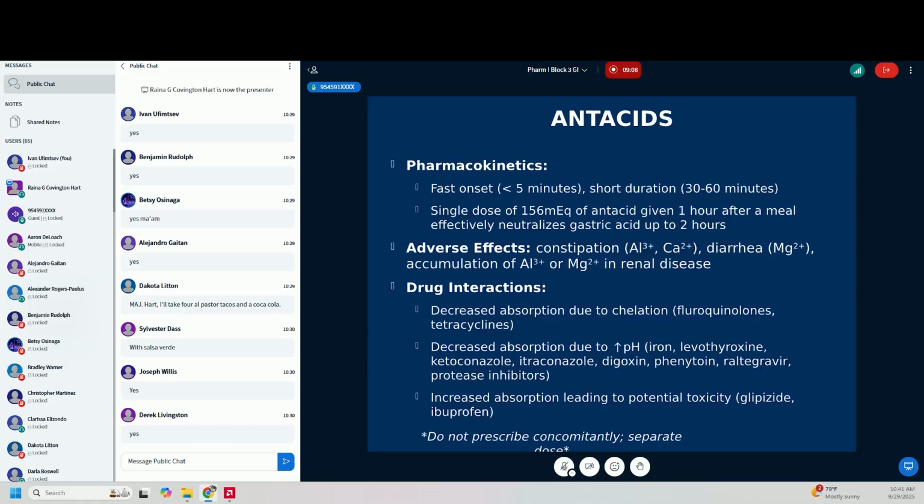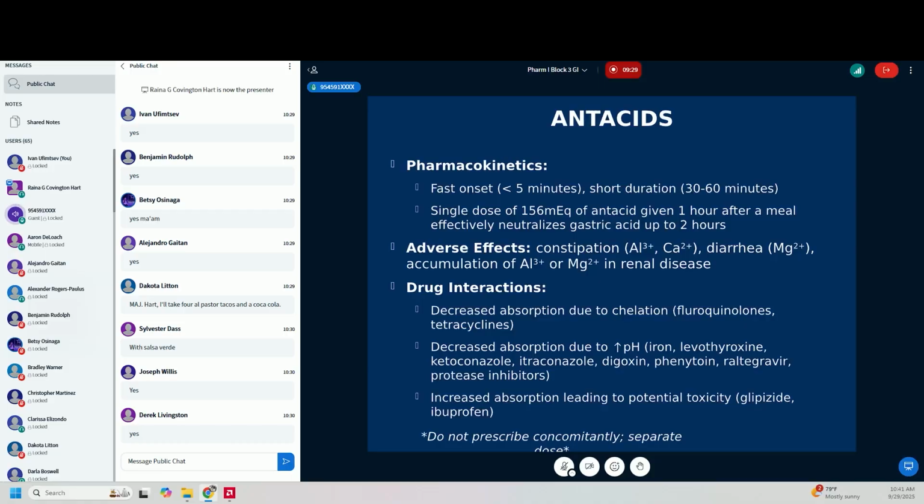Your increased absorption that you can see with your glipizide and your ibuprofen, those are simply due to the fact that, again, I am increasing how much of that medication I've absorbed, more than I wanted to. Okay, so that's why you see toxicity.